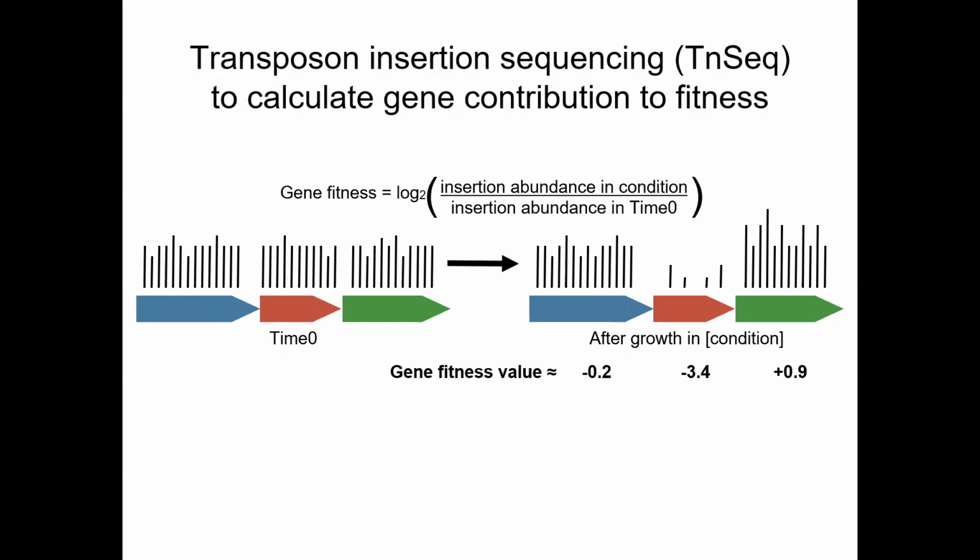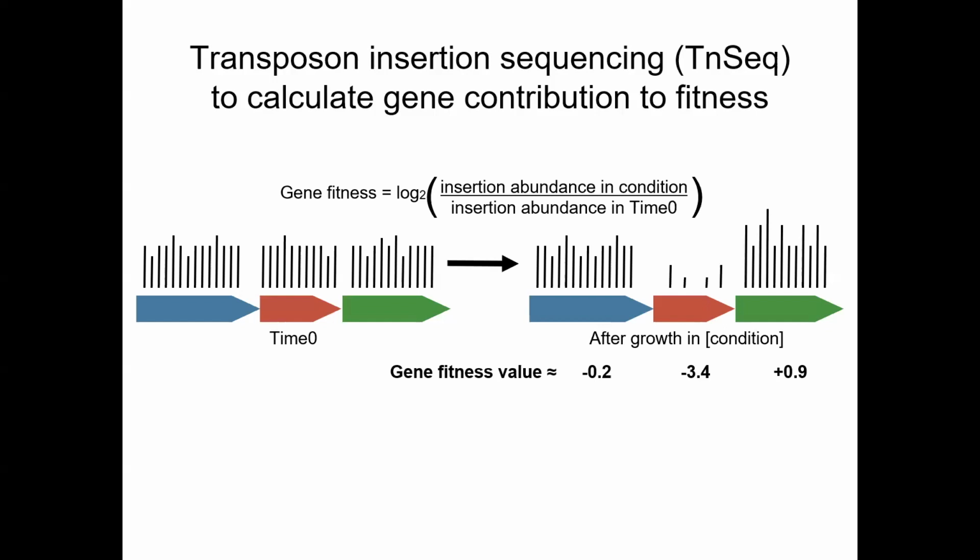You can use this to calculate a ratio of gene fitness. And the values are going to range from large negative values, indicating that that gene was highly important under that condition, to positive values, which indicate that the gene was actually detrimental under that given condition. And this is a really powerful method to estimate gene contributions to fitness for most or all non-essential genes.